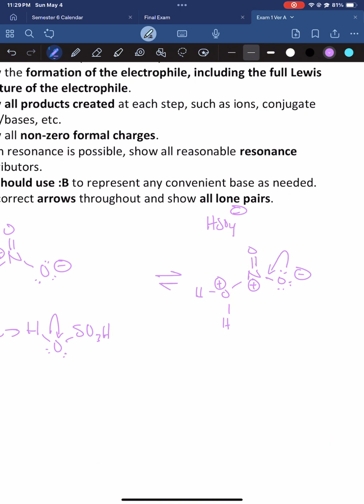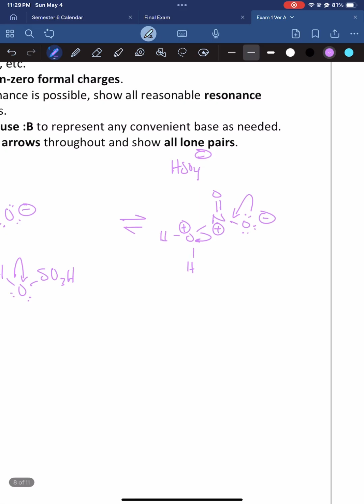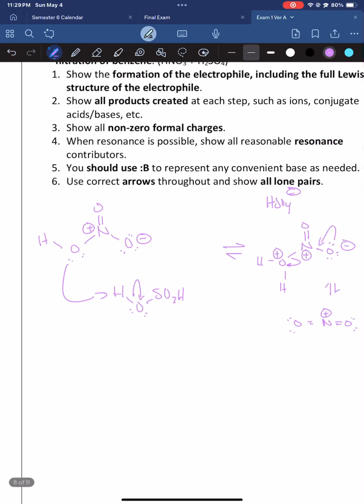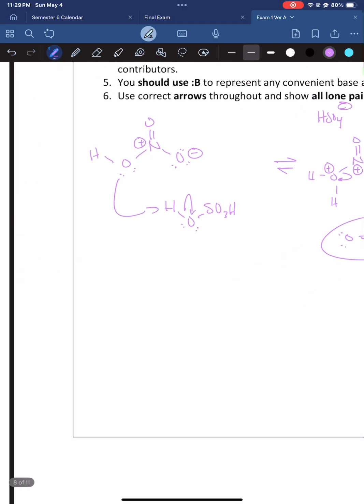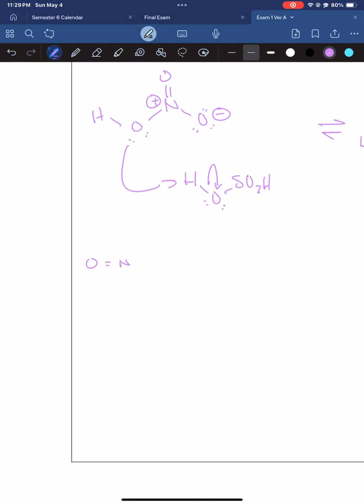This is going to kick off water, and this is going to give us something like this. So this is what we're going to be working with. This is going to be your electrophile. Cool. So now we have this group here serving as your electrophile, and benzene, like we previously mentioned, is going to be your nucleophile.